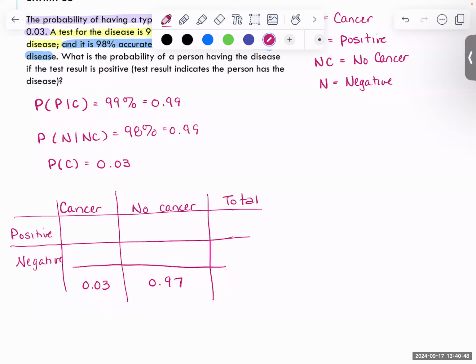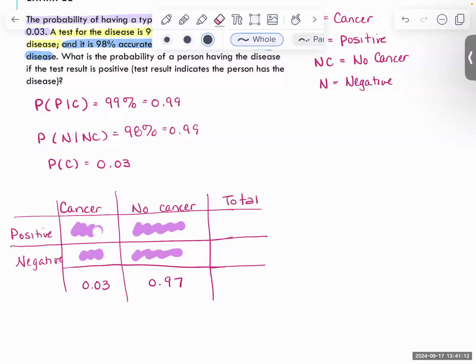And we're going to find the totals. So these cells, let me highlight those briefly. Let's use purple. So these cells here are AND probabilities. So I'm going to use Bayes' theorem to help me find those values for those cells.